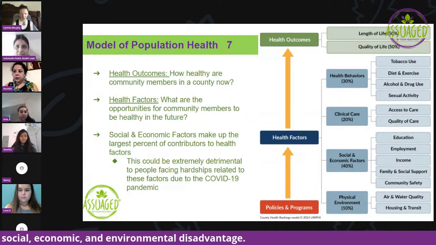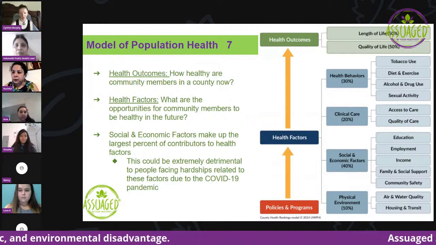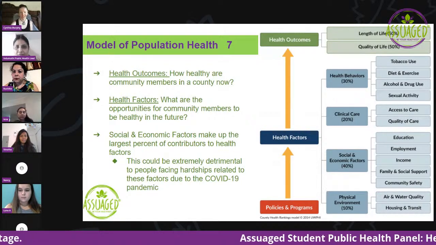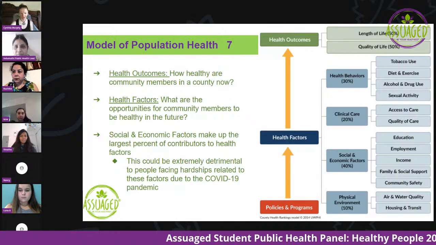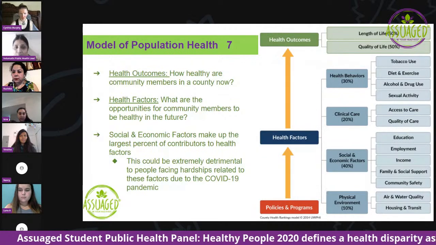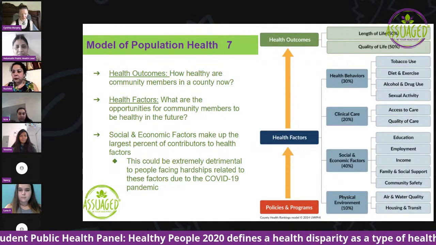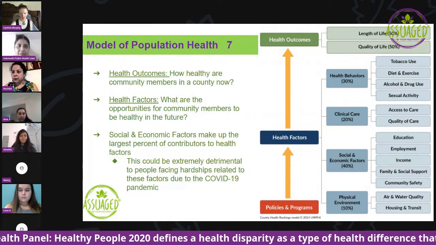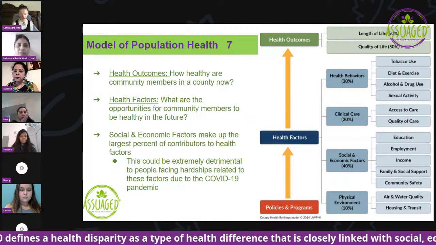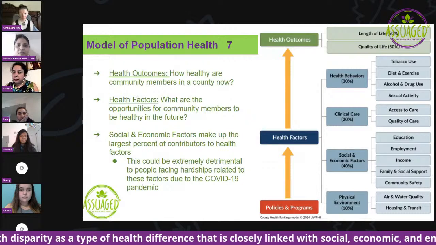This figure shows how we calculate the health outcome through the length of life and quality of life, and the health factors through the health behaviors, clinical care, socioeconomic factors, and physical environment. The policies and programs of the government are based on these county rankings, and they focus on the least healthy counties and help them achieve good health.